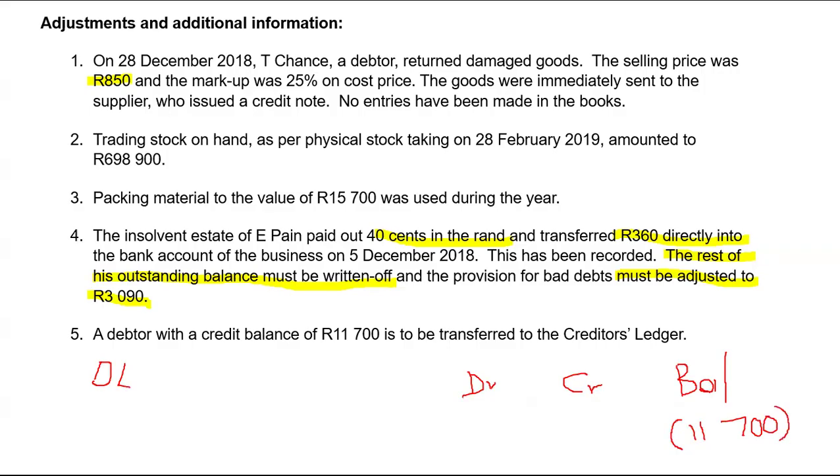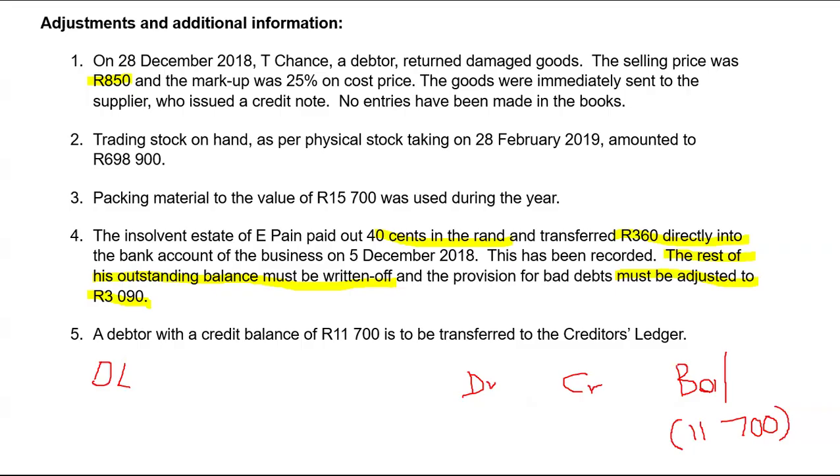Please note that this violates the accounting rule. We can't have a debtor who has a negative balance. If a debtor has a negative balance, it means they're owing us a negative value. In essence, they are not owing us, we are owing them. And when we owe them, it violates the accounting definition of what a debtor is. Because immediately we owe that debtor, they are no longer a debtor to us.